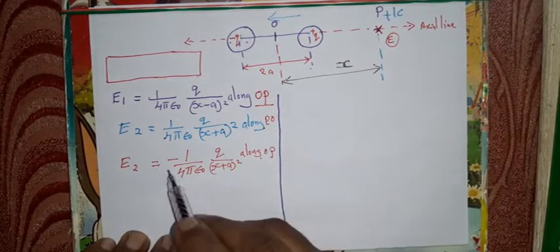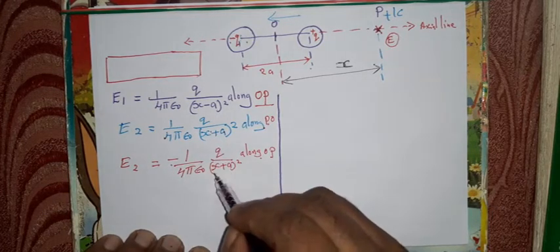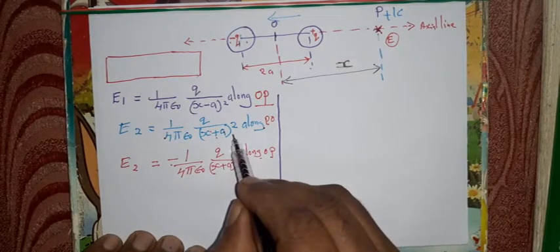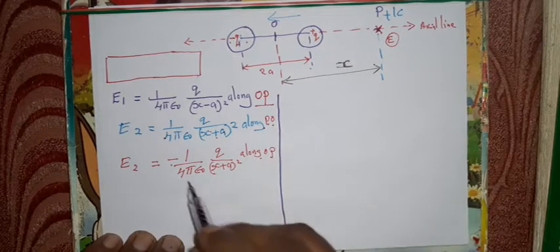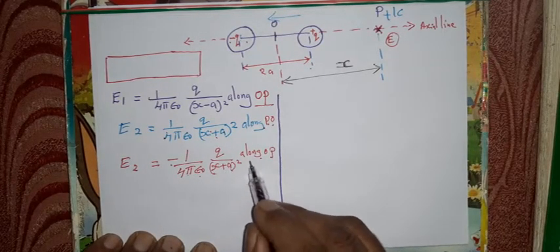This effect is nullified by this negative sign. Therefore, both of them are equal. That means 1 by 4 pi epsilon 0 into Q by X plus A the whole square along PO is exactly equal to minus 1 by 4 pi epsilon 0 into Q by X plus A the whole square along OP.